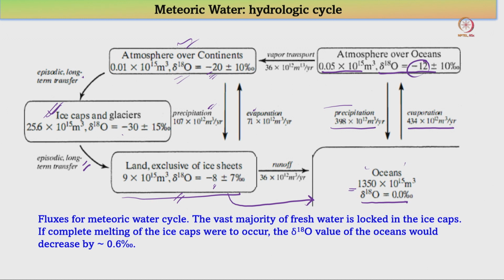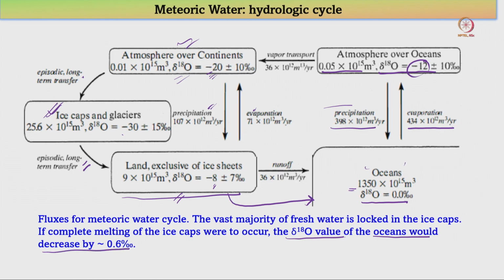In fact, it is calculated that if all the fresh water that is locked in the ice caps, in the Antarctic, in the Arctic, in the Himalayas, in the Patagonian glaciers, in the Canadian glaciers and all that, starts melting and gets completely melted, then the delta 18O value of the ocean would decrease by 0.6 parts per mil.